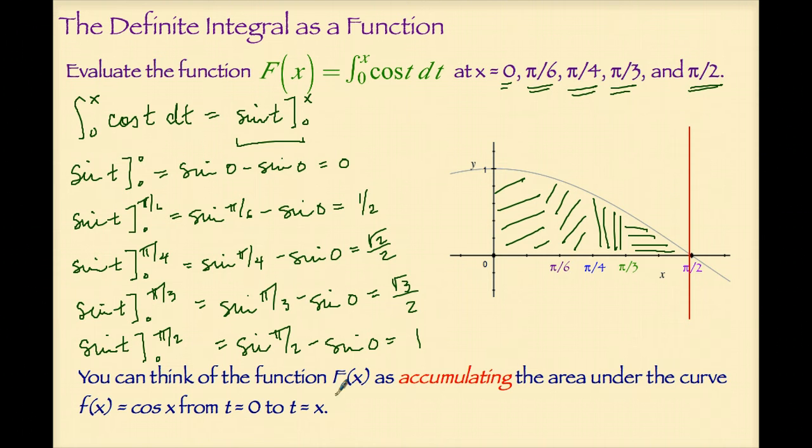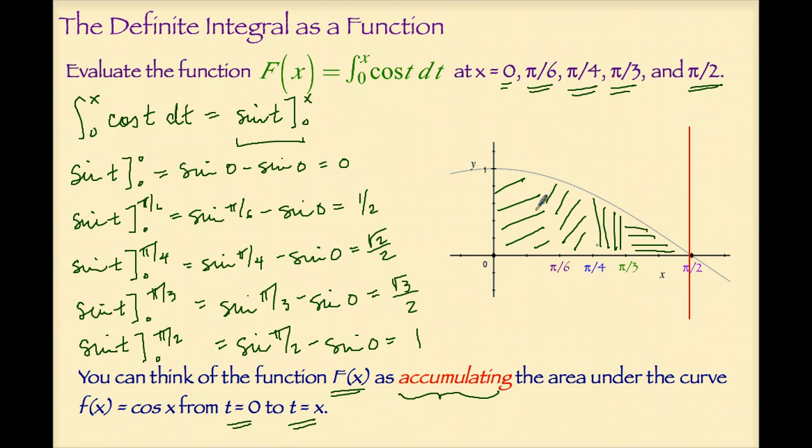So notice now we can think of the function capital F, the antiderivative, as accumulating the area under the curve f of x equals cosine x from t equals 0 to t equals x, whatever x value we choose. When x was pi over 6, we had accumulated this area.